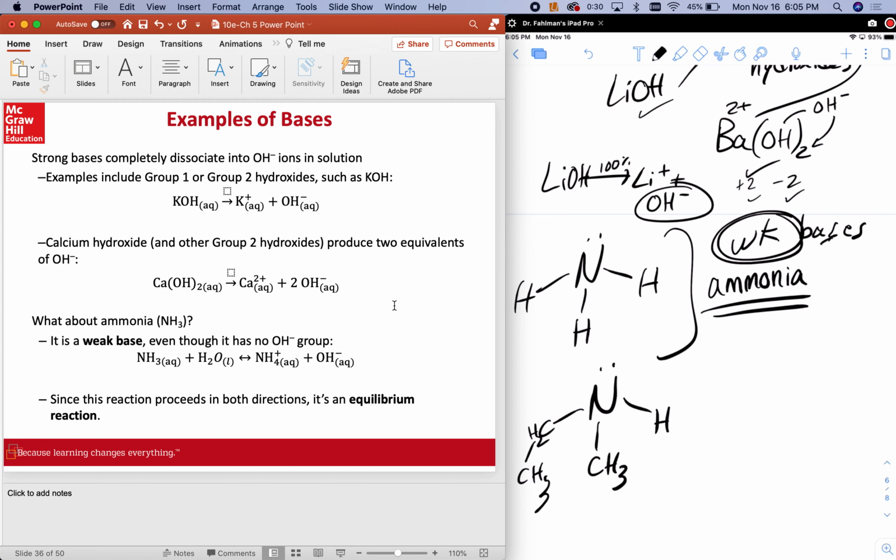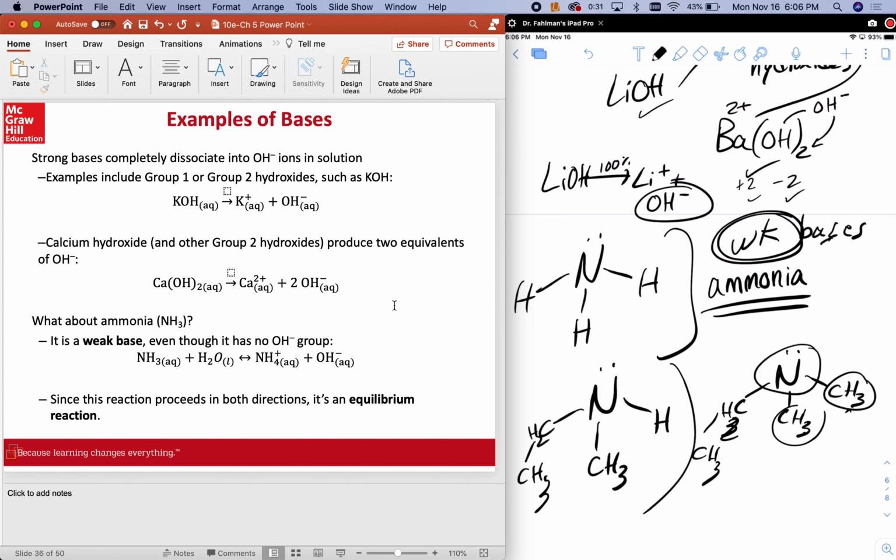That's another type of weak base. Or where you have 3 different groups, like this one. They could either be the same or different; these groups could be whatever you want, but it's connected to a nitrogen most commonly. Those are all very common types of weak bases.